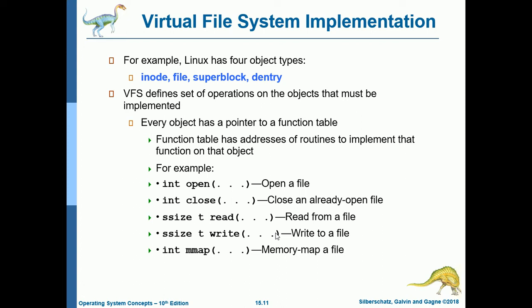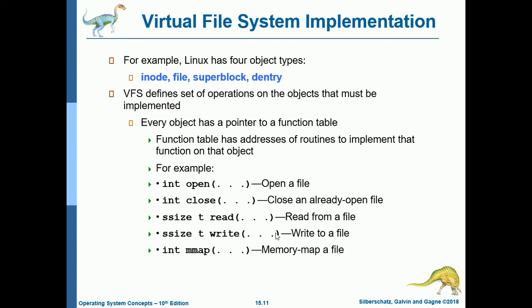Next is the super block, the VFS representation of the entire file system. And then we have the dentry, the VFS representation of a directory. So those are the 4 object types of Linux.